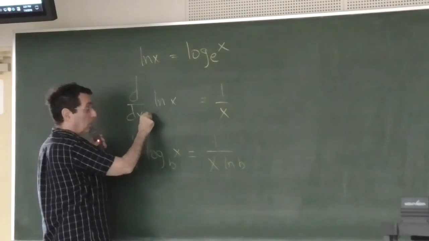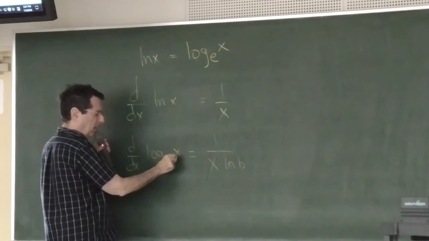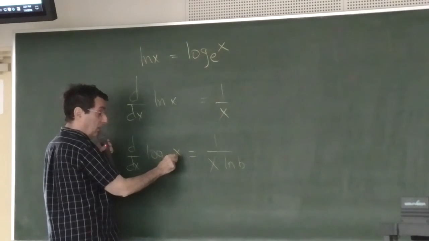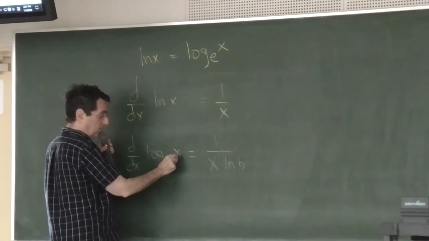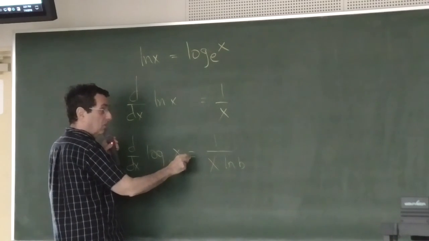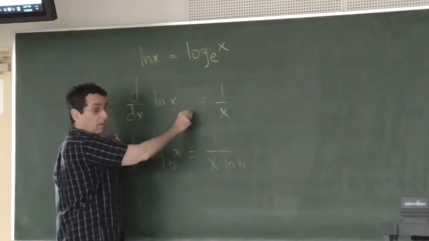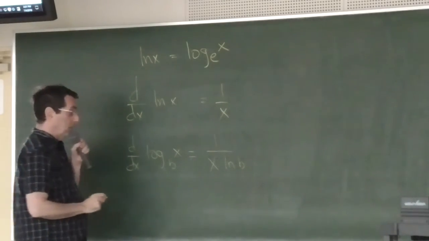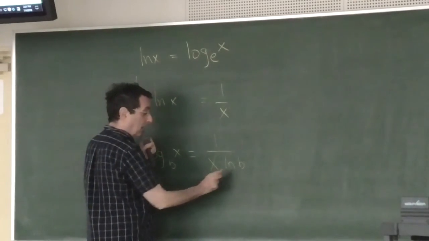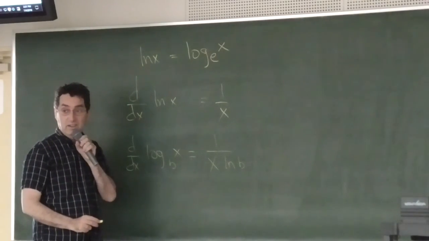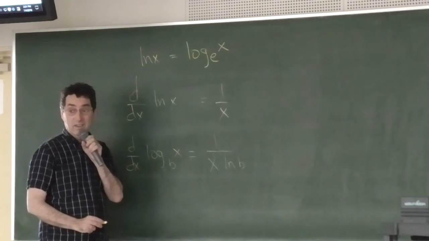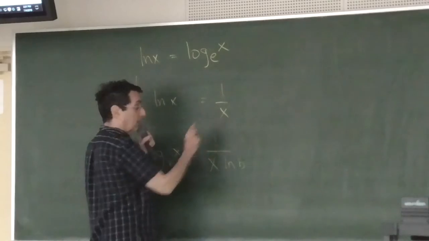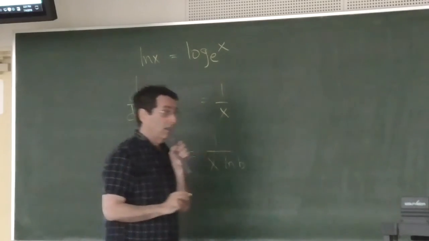But we have a formula for e, so this should resolve into this when b is equal to e. So what is this? ln of e. ln of e is 1. Remember we talked about that. ln of e is 1. So this just becomes this. Okay, so we did that last time.